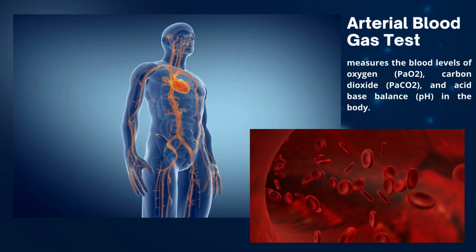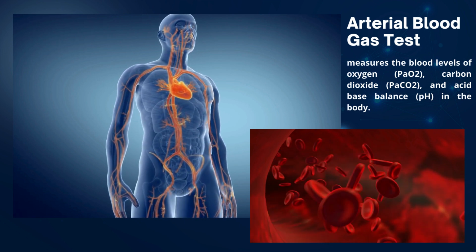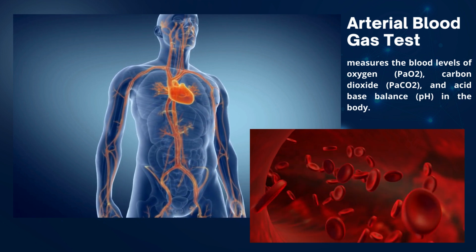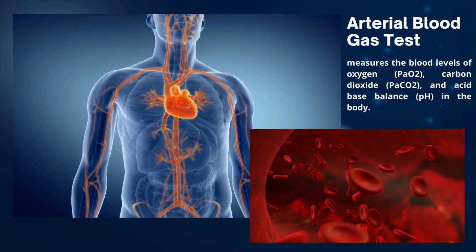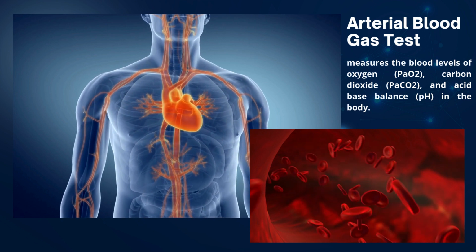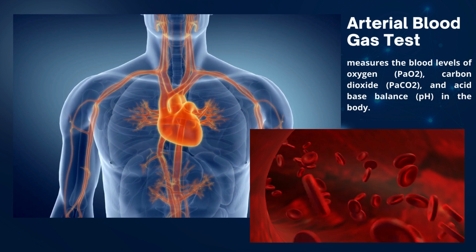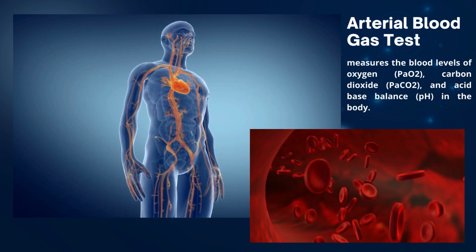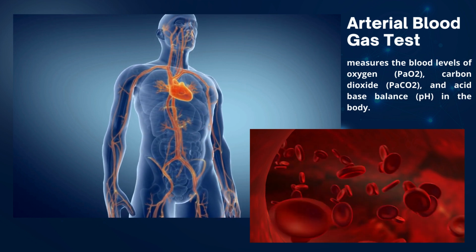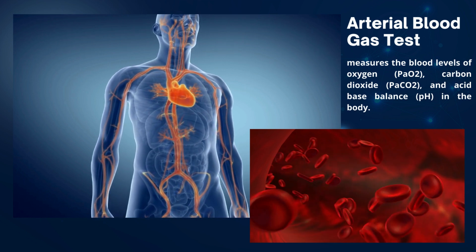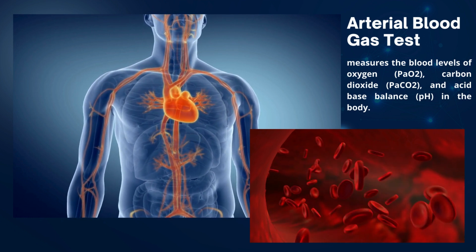Okay, so let's begin by first discussing why we are even interpreting ABGs and what ABGs are. ABG is a test that measures the blood level of oxygen, carbon dioxide, and acid-base balance, pH, in the body. It is used to assess how well oxygen is being distributed and how well carbon dioxide is being removed.